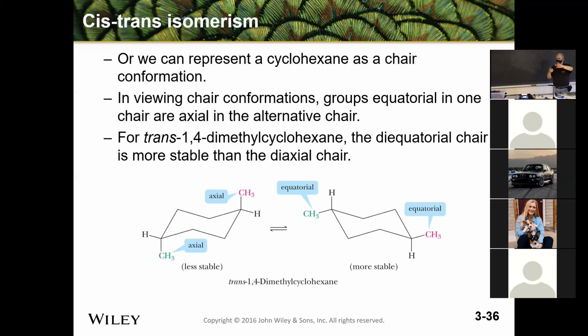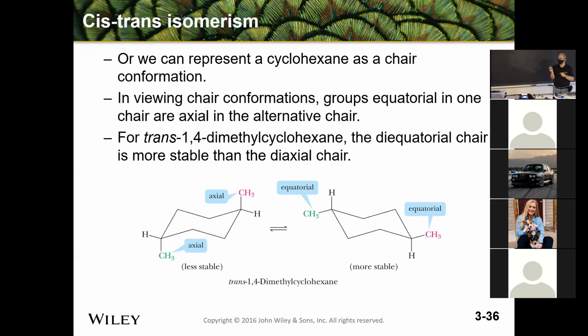When I do the ring flip, now they're both equatorial, but it's still trans.